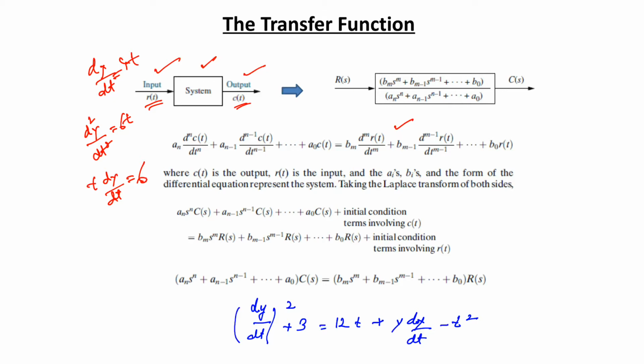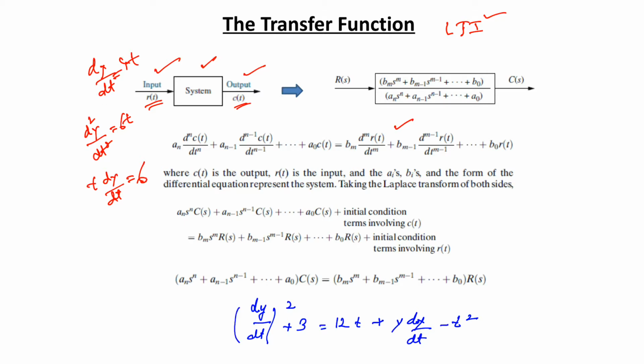So it is actually a linear time invariant equation, LTI. Now we will discuss what a linear time invariant equation is, and the Laplace transform can only be used for these linear time invariant equations.